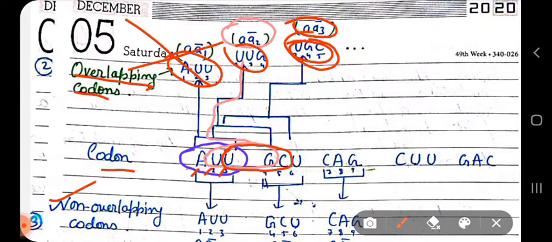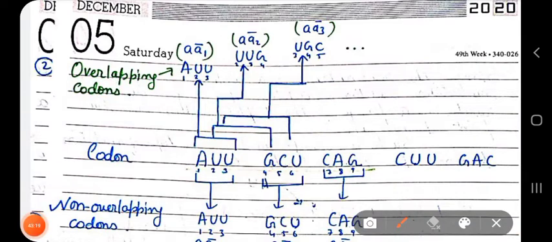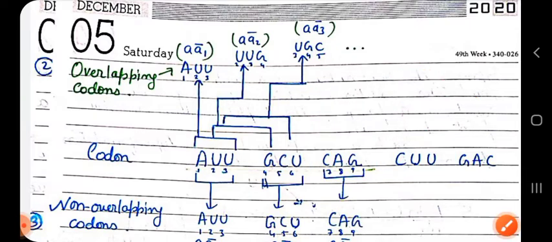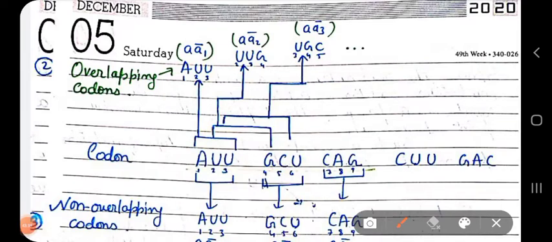For simplicity, let us see these two: CAG coding for one amino acid, CUU coding for a different amino acid. Now if it is overlapping, then what happens? It will be AGC, which would code for a different amino acid.